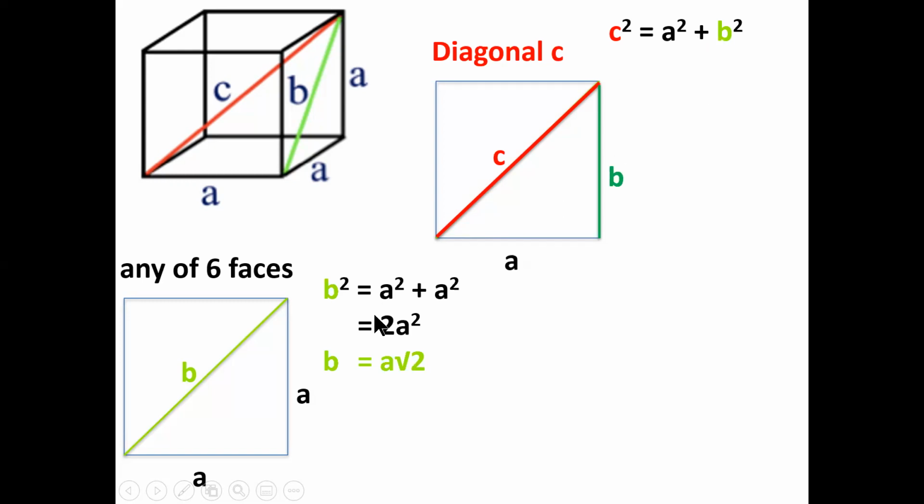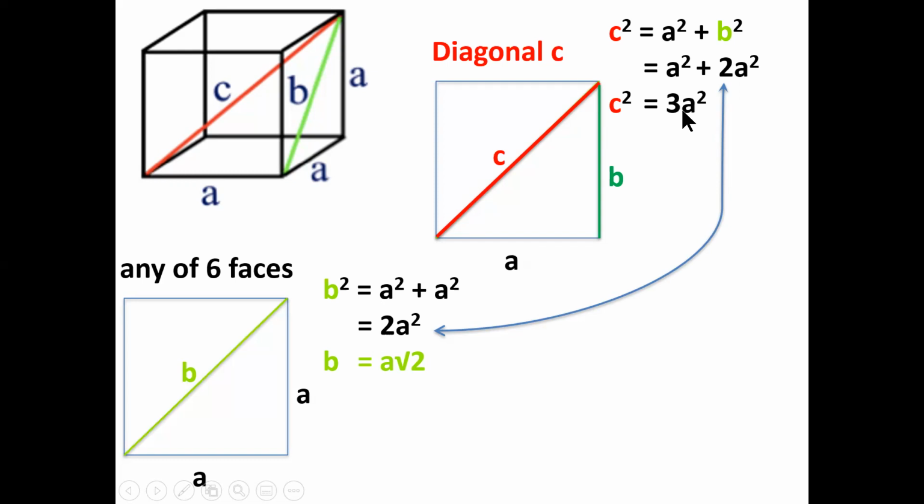Well, we've already established what B squared equals. B squared equals 2A squared. So it gives us a relationship between B squared and A squared. So I'm going to substitute that in this equation. So instead of B squared, I'm going to say it's really 2A squared. So now, just to show you the relationship where it came from, we can get a relationship between C and A. So C squared really equals 3A squared.